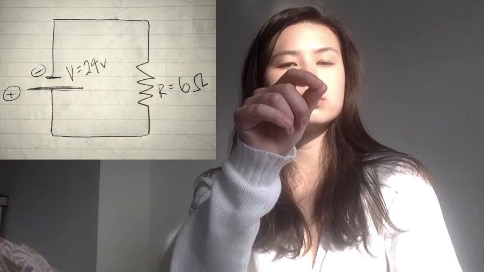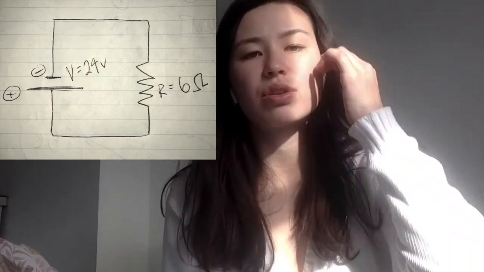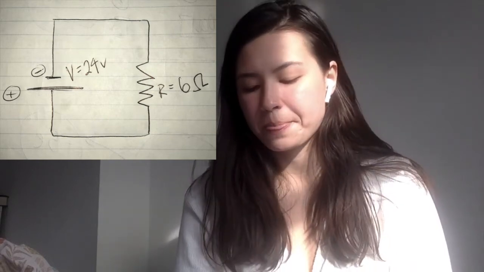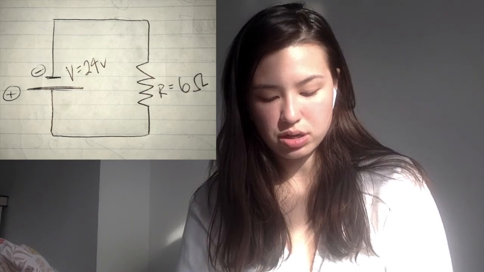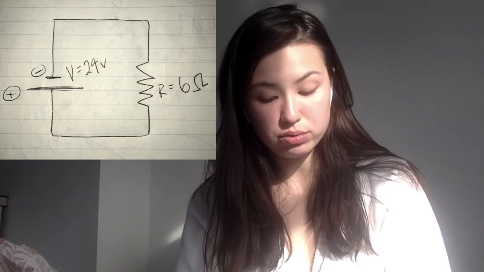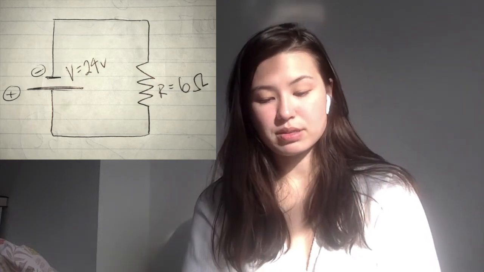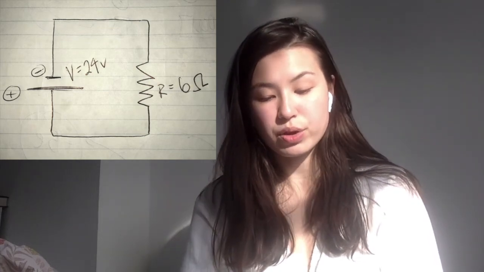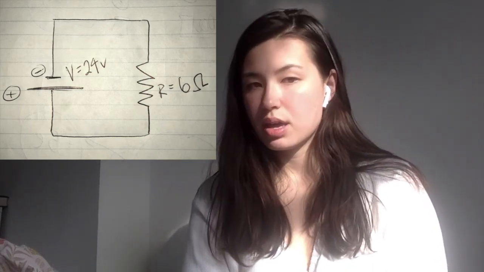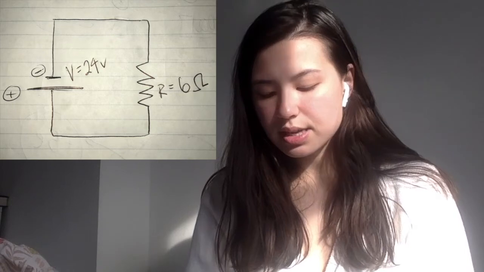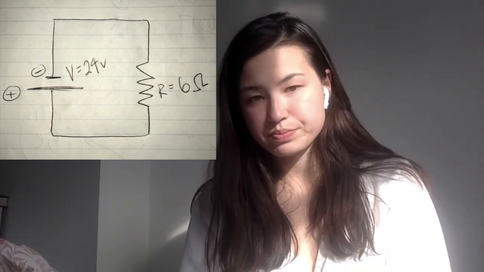And then this little jagged part there, that's how in these drawings we symbolize resistance. So let's say that our voltage is 24 volts. That means that we have 24 joules of potential energy per coulomb. And let's say that our resistance is 6 ohms.